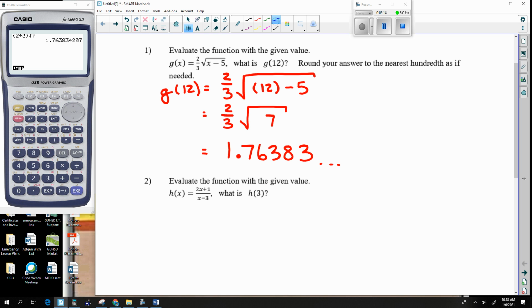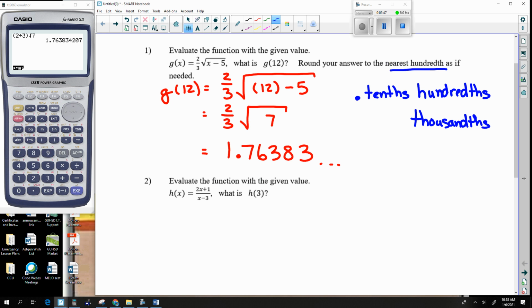We need to round our answer to the nearest hundredth. On decimal places, we start with the tenths, and then we go to the hundredths, and then would come the thousandths, then the ten-thousandths, then the hundred-thousandths, then the millionths, et cetera.